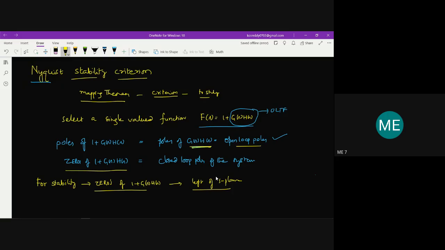No zero should lie on the right half of the s plane. All the zeros have to lie in this left half, then only we can say it is a stable system.